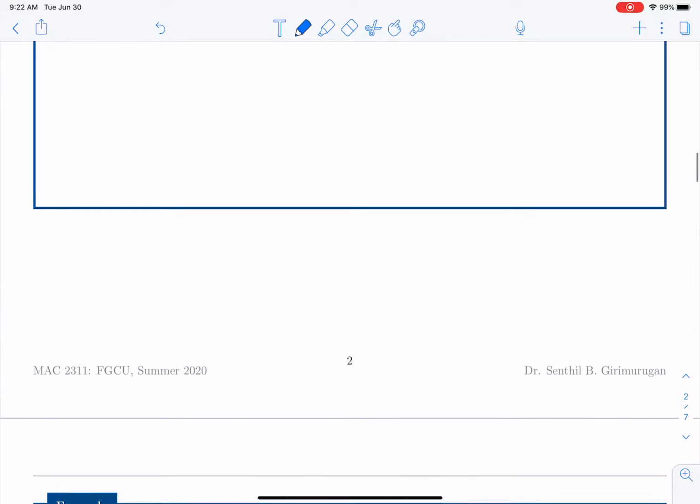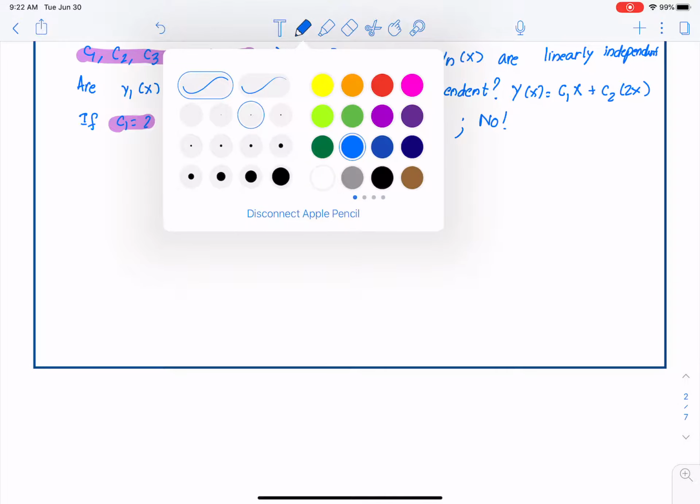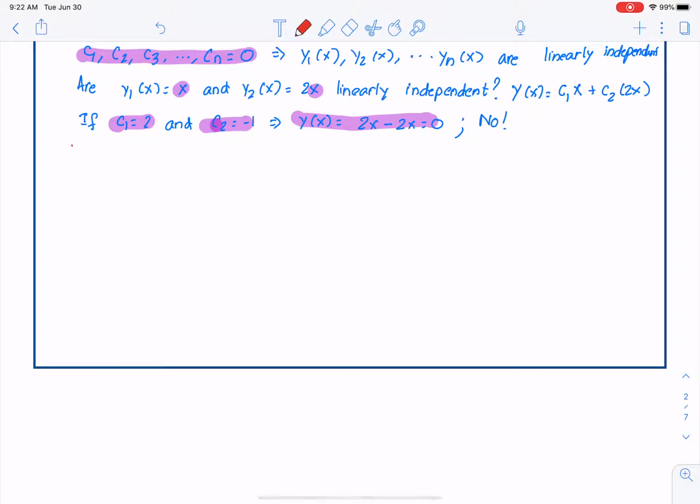It is easy to see that here, but what if we have higher order derivatives? That's where the Wronskian comes into place.